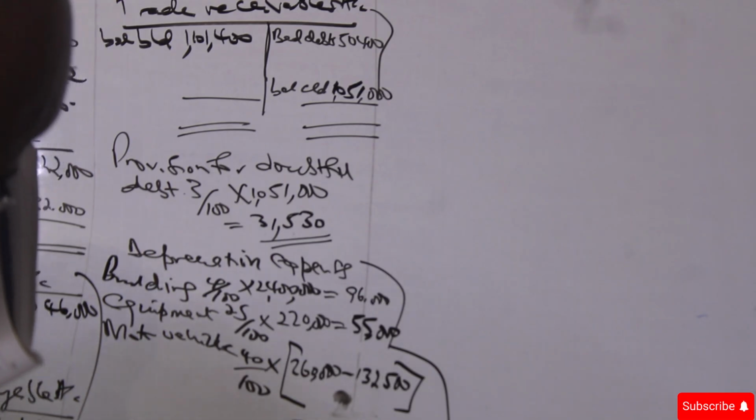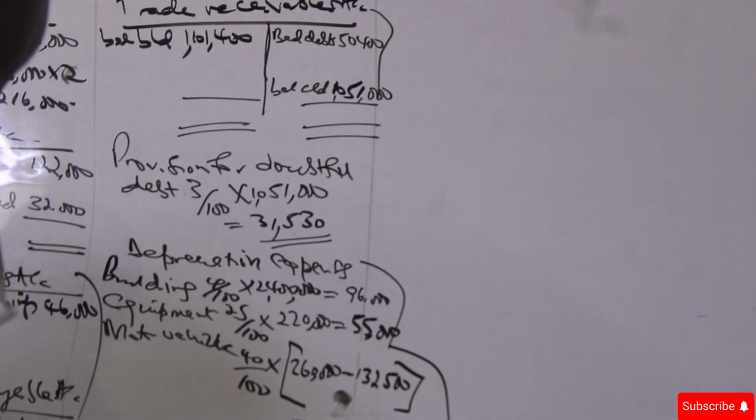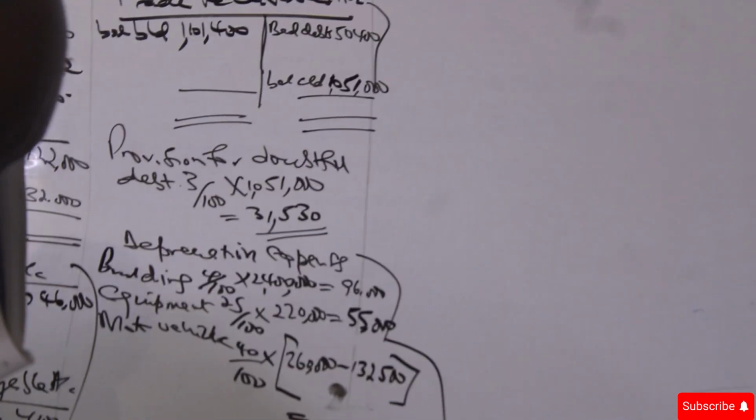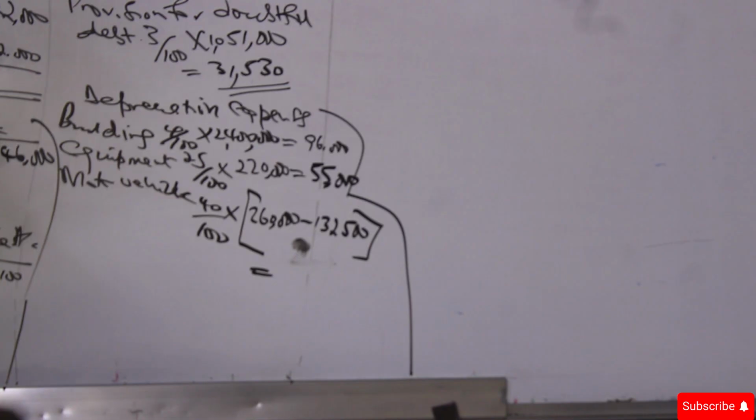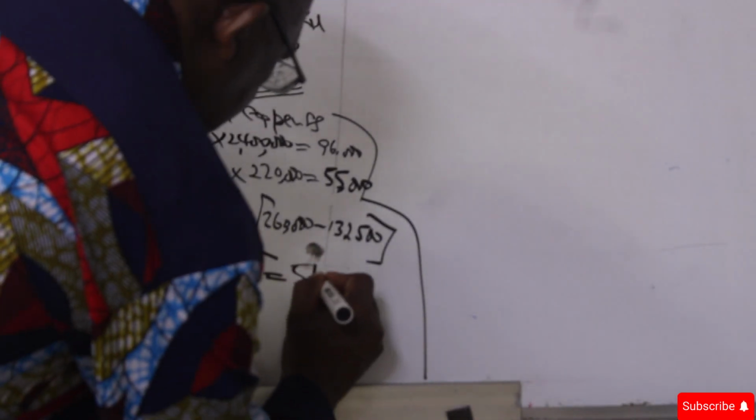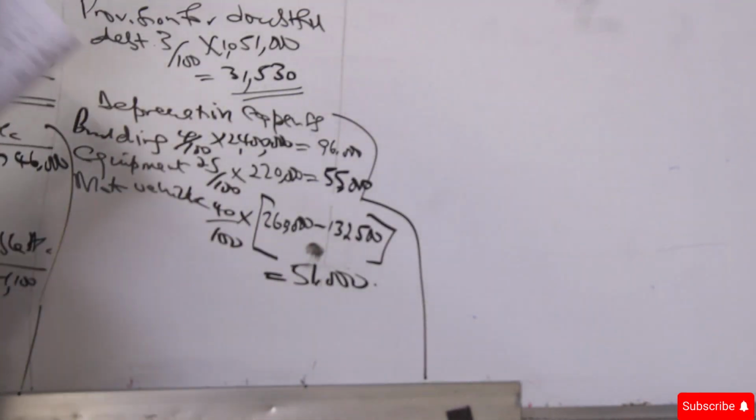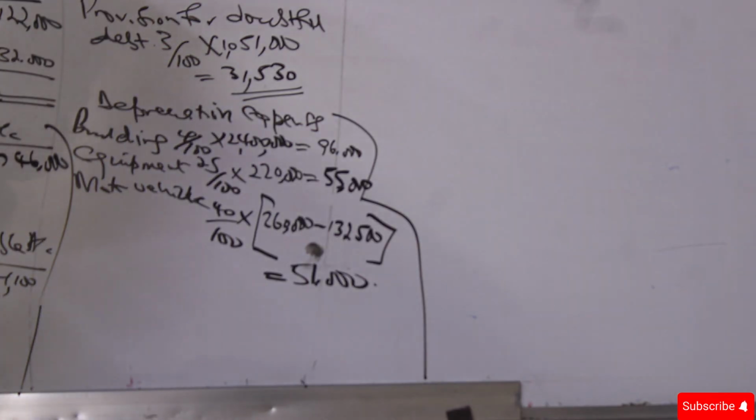We get a figure of 127,500, then we apply the depreciation rate times 0.4. We get a figure of 51,000. That becomes the depreciation expense for motor vehicles. We are told there are no additions or disposals of non-current assets during the financial year.